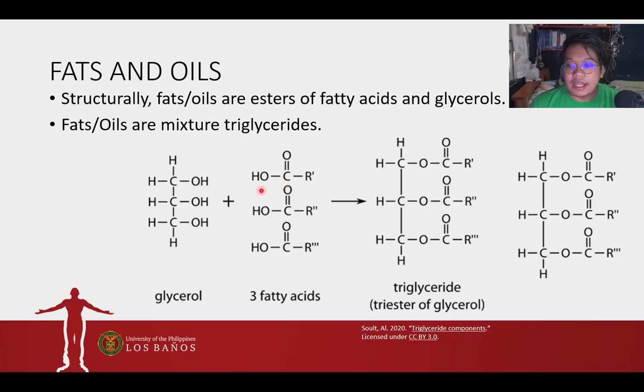Our carboxylic end will be the one attaching to your glycerol, and the R group is oriented away from the glycerol. In this case, our R groups are different. So, we have R prime, R double prime, and R triple prime. It just means that the R groups are different.